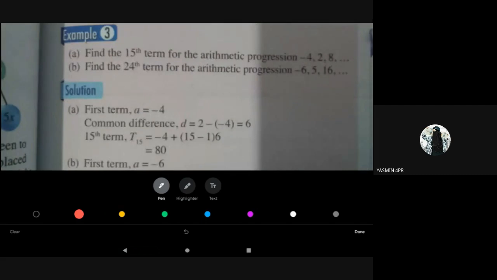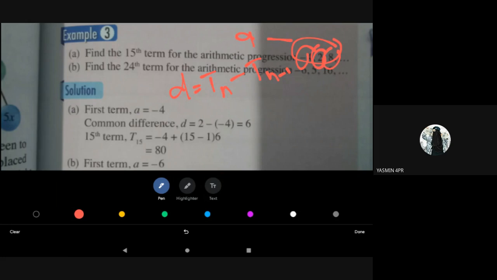So given here -4, 2, and 8, this is A. D we need to find. How to find D? We will use Tn minus Tn minus 1. So the second minus first, third minus second.